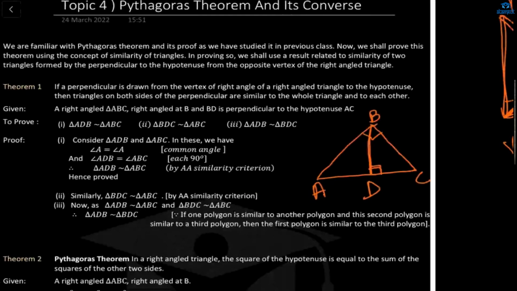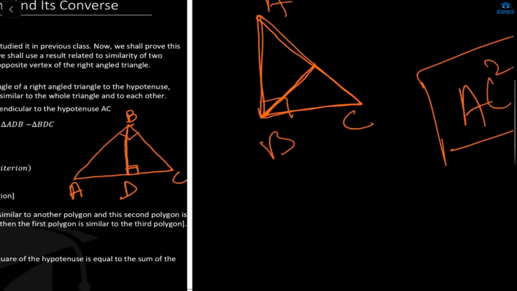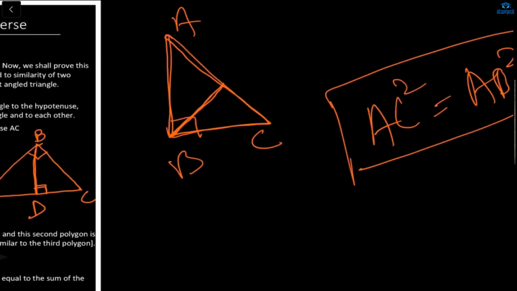Then the triangles on both sides of the perpendicular are similar to the whole triangle and to each other. In triangle ABC, actually we constructed 3 triangles. When we drew a perpendicular from B to the hypotenuse AC, we divided the bigger triangle into 2, and we already have one bigger triangle also.